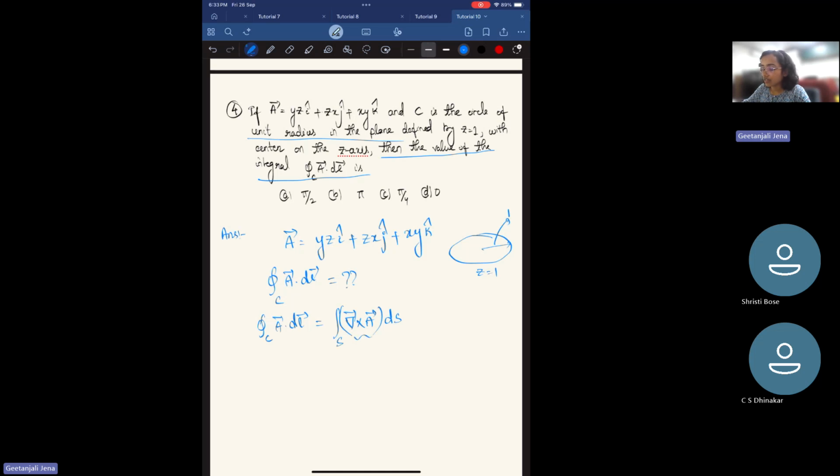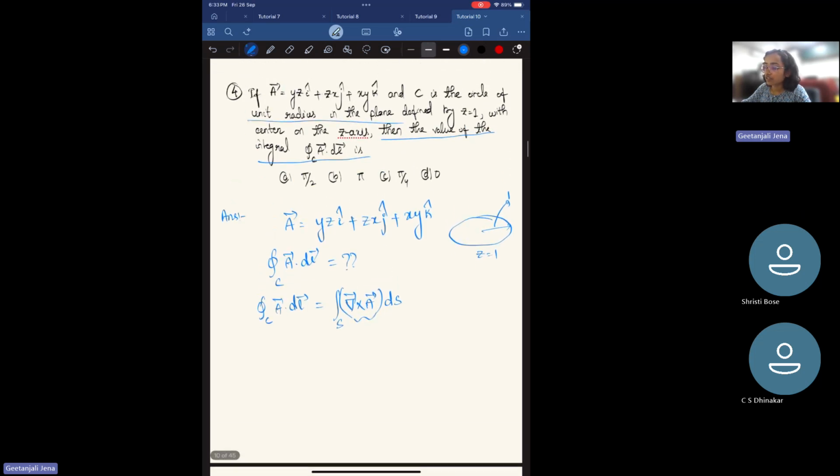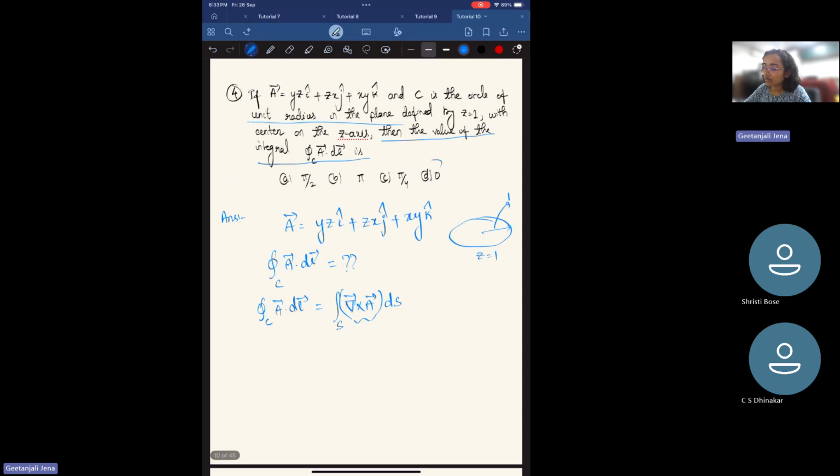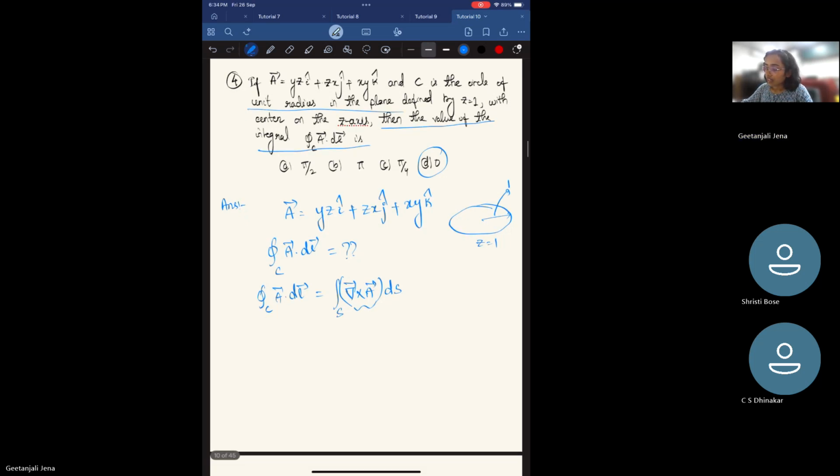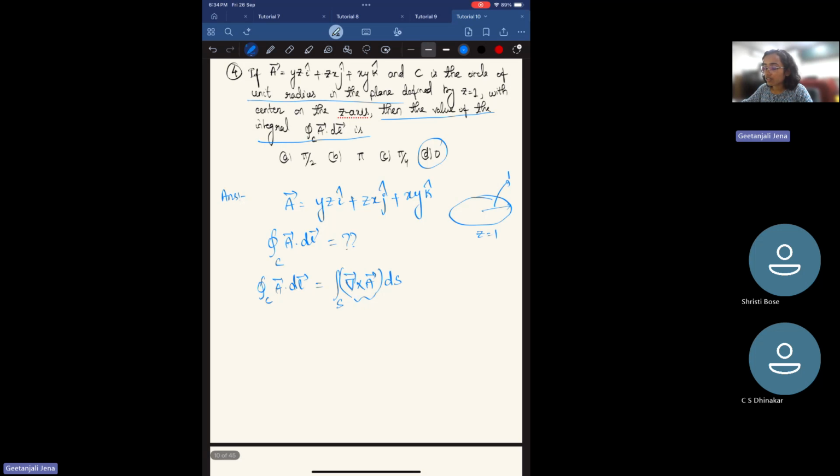So let us first calculate the curl of A. Here you can see there is an option of 0. So let us see whether we are getting a non-zero value for the curl of A or not. If we are getting a zero value, that means directly the answer is 0. There is no need to calculate the total integration. If it is not 0, then we have to express dx in terms of dr, and we have to take the integration of r from 0 to 1 and phi from 0 to 2 pi.